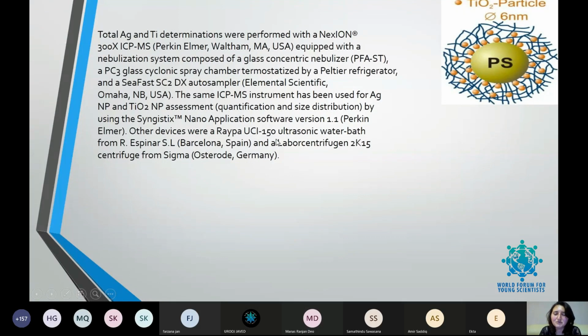The same ICP-MS instrument has been used for the silver nanoparticles and titanium dioxide nanoparticles assessment, concentration and size distribution, using the Nano Application software version, Perkin-Elmer. Other devices were a pipette, a 150 ultrasonic water bath from Espinar, Barcelona, Spain, and the Labo Centrifuge 2K15. This is a centrifuge from Sigma, from Germany.